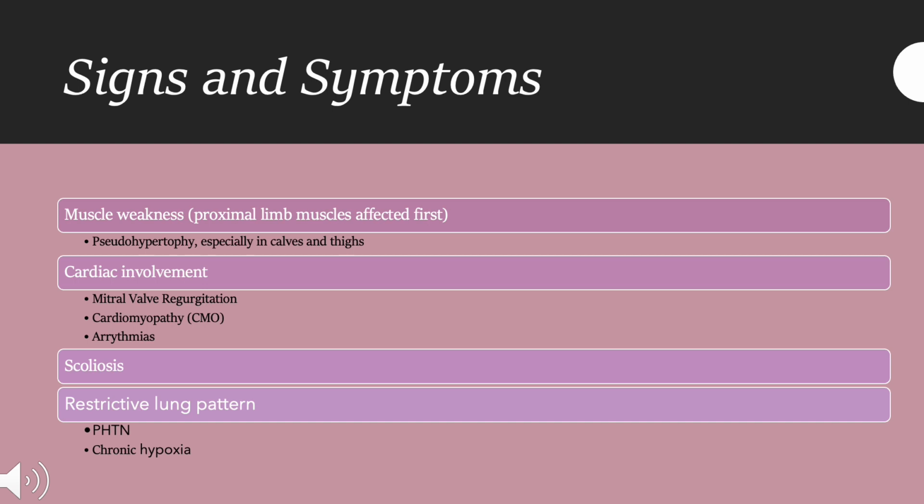By the teenage years, ejection fraction is usually less than 55% and progressively declines as the patients develop biventricular failure. Scoliosis is also usually present in nearly all Duchenne's patients. As it progresses alongside the progressive muscle weakness, it causes a restrictive ventilatory pattern, which leads to decreased vital capacity, decreased baseline oxygenation, and acute respiratory failure.